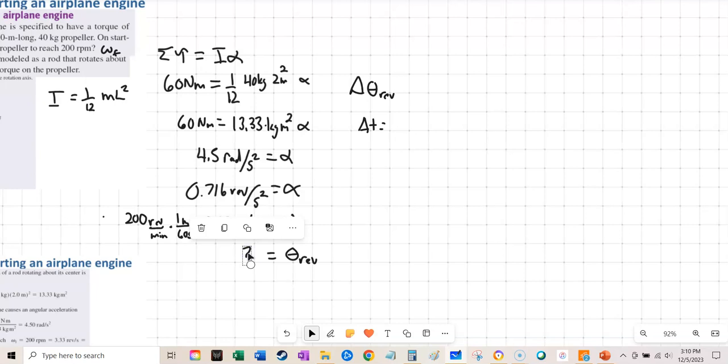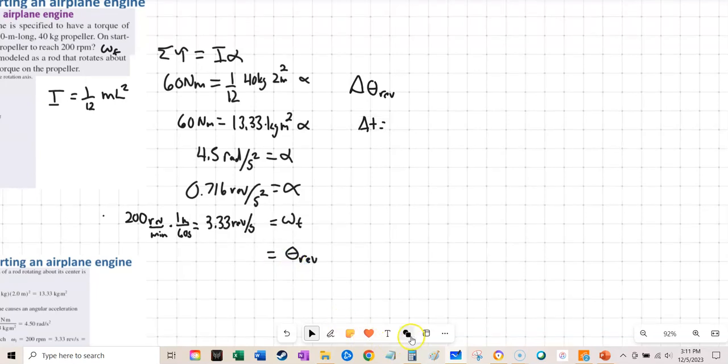That should not be there. We want to know how much time it's going to take, starting from rest, to get to 3.33 revolutions per second, accelerating at 0.716 revolutions per second squared. So we actually want to know what time is.